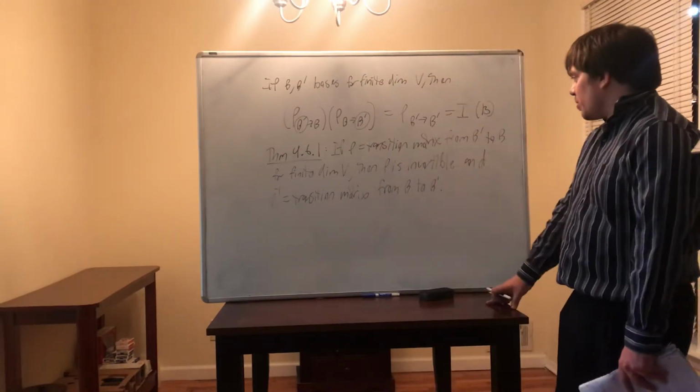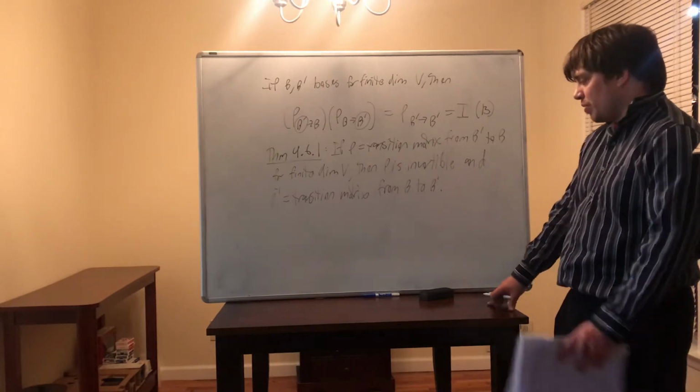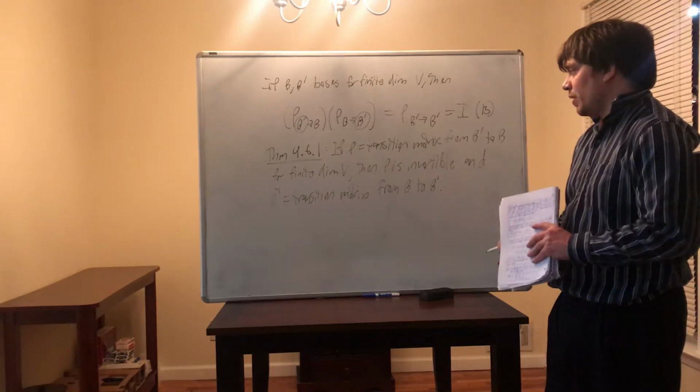So if P is a transition matrix from B prime to B for finite dimensional V, then P is invertible and P inverse is a transition matrix from B to B prime. Okay?